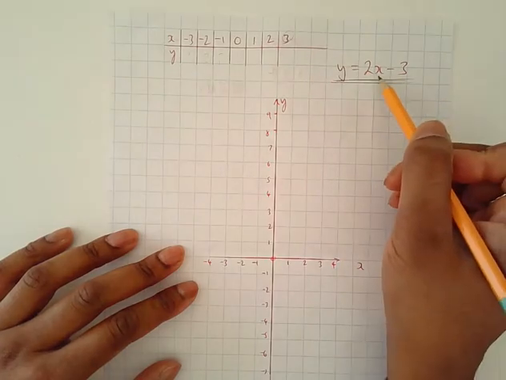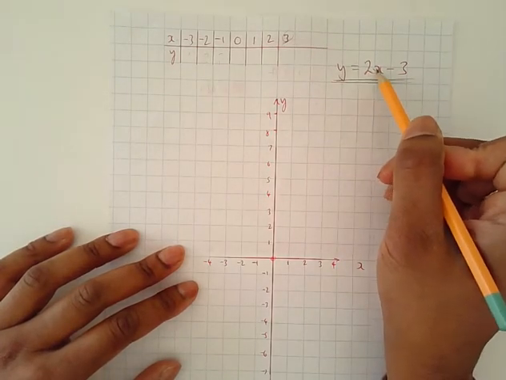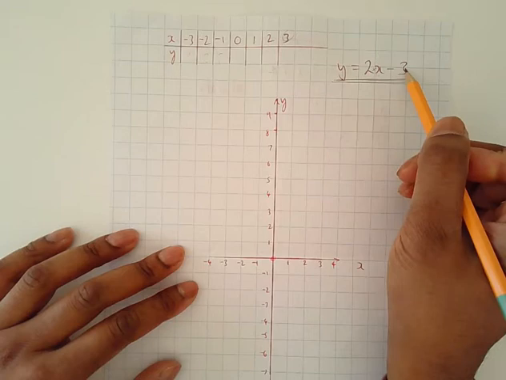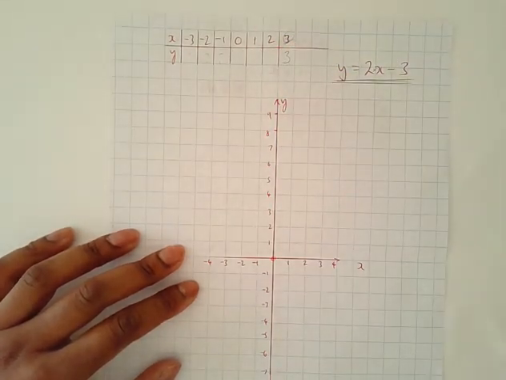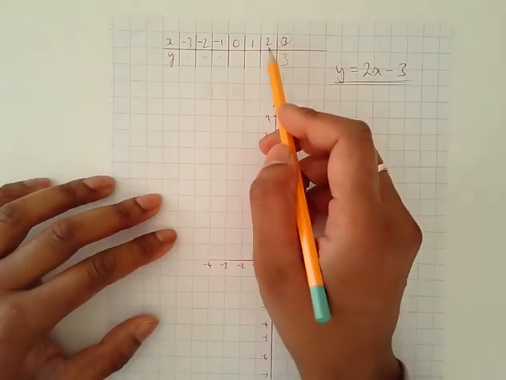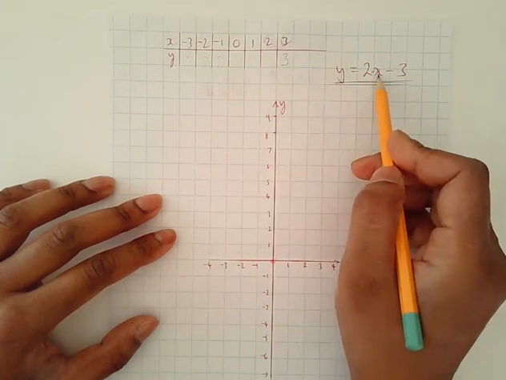Put the 3 in here, substitute 3 inside here, so you'll have 2 times 3, which is 6, and then 6 take away 3 gives you 3. Next, substitute the 2 into the x.